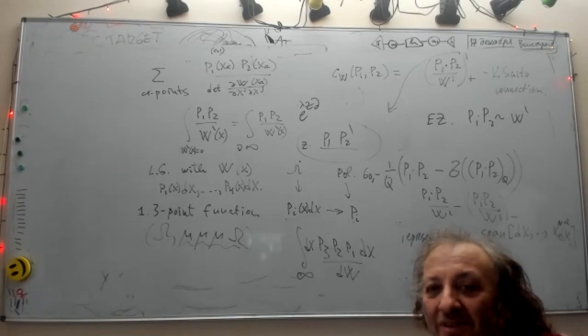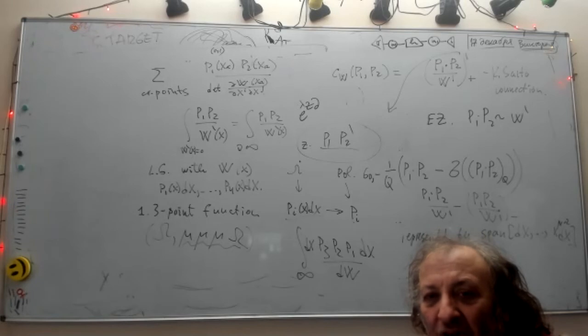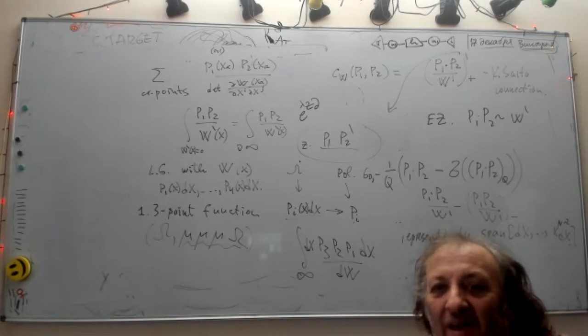Take a compact manifold. It could be a Calabi-Yau manifold or not a Calabi-Yau manifold. If it's not Calabi-Yau, make a Calabi-Yau manifold out of it.